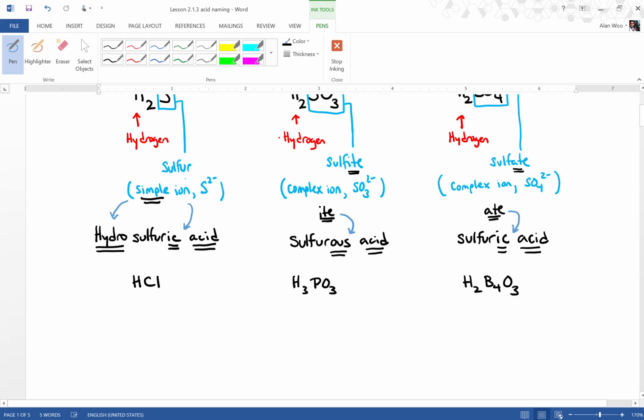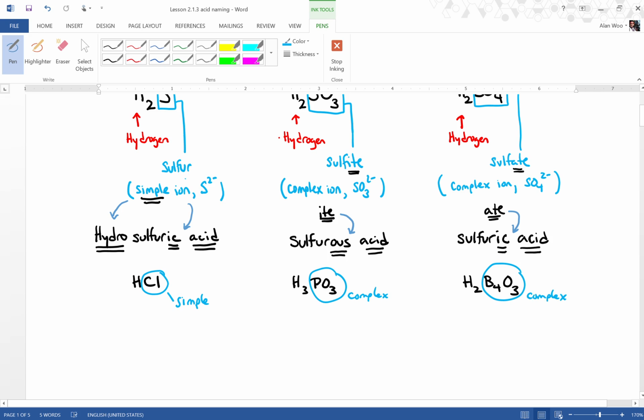Here, again, you have 3 different acids. And the first thing that you're looking for is to identify whether it's a simple anion or a complex. Usually when there's only one element, this would be a simple. These guys have complex anions.